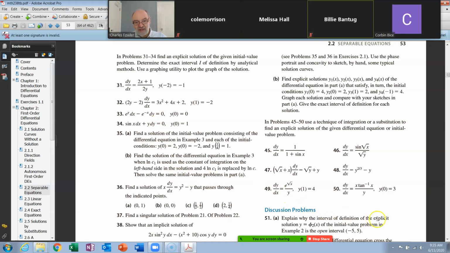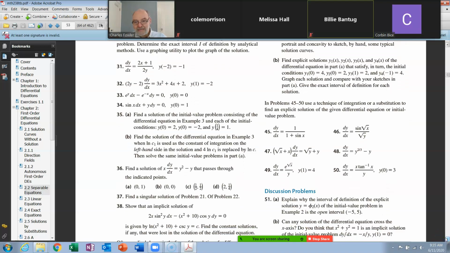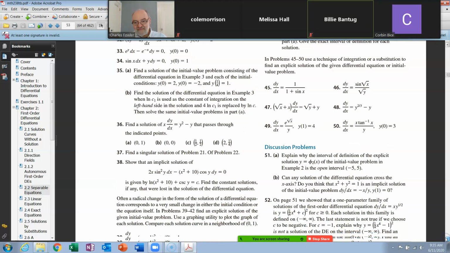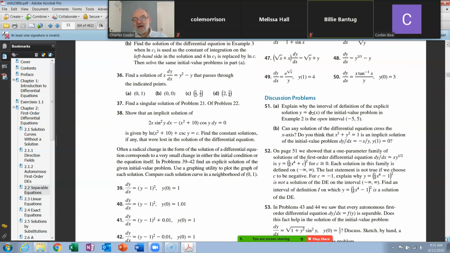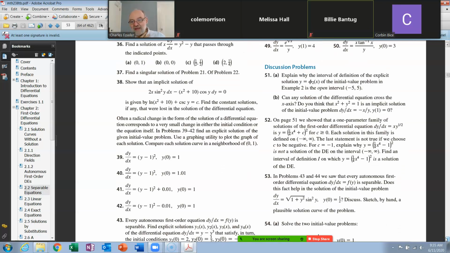Then I would say do either 35 or 37 if they're in the back of the book. And then do either 39 or 41 if that's in the back of the book.